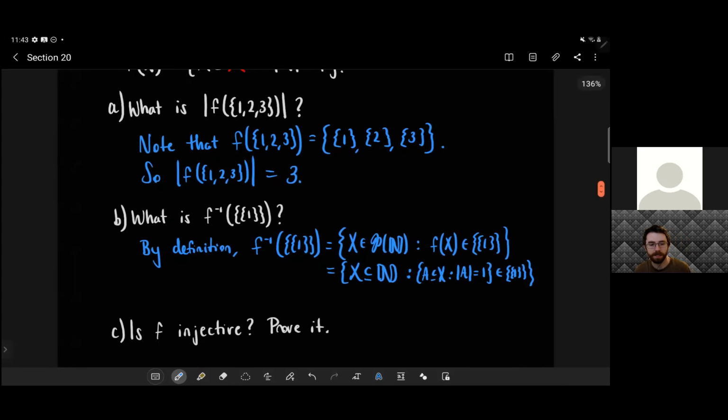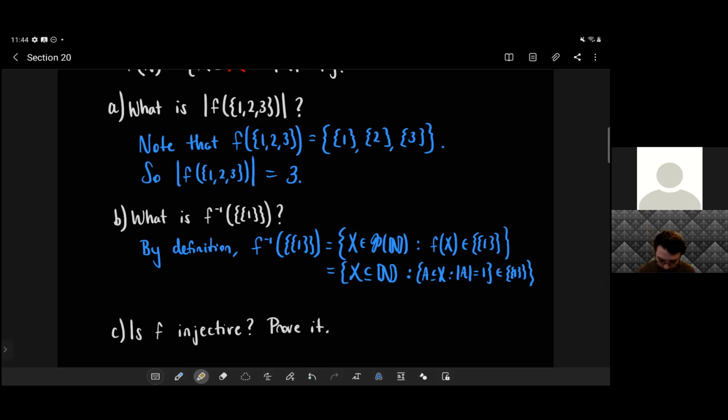It's getting quite ugly. But for this set to be an element of this set, the set on the right is pretty small, right? There's only one thing in it. So really the only thing that's actually an element of the set containing one is the set containing one.